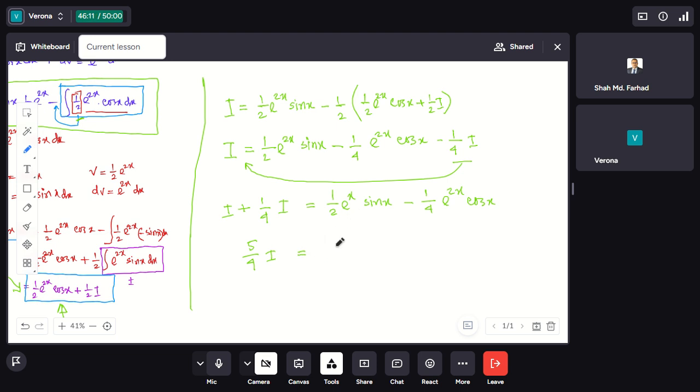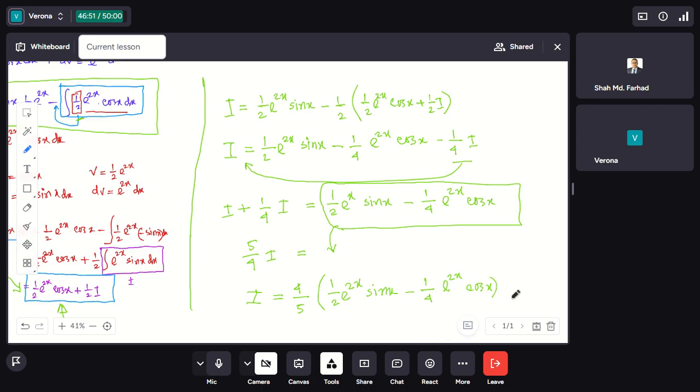Okay. Then we have to put this one here. Then the value of I equals, if we take 5 over 4 to the right, then we will have 4 over 5 times 1 over 2 e power 2x sine x minus 1 over 4 e power 2x cosine x.